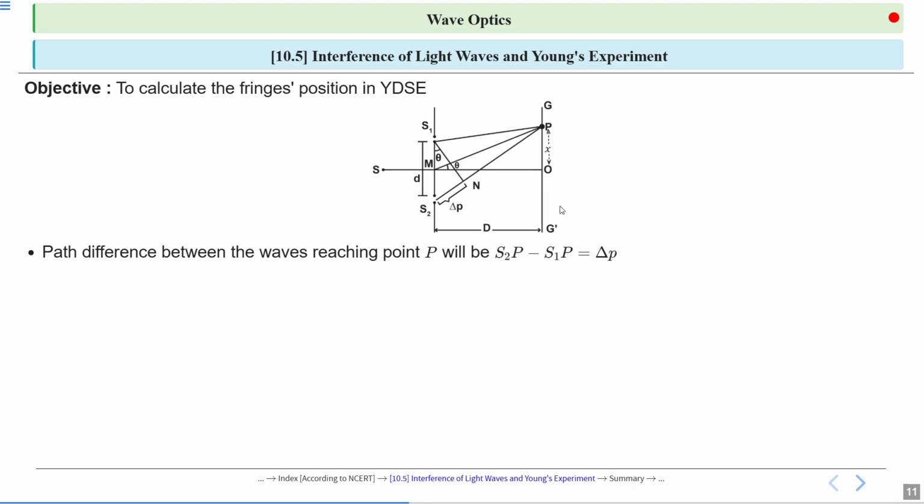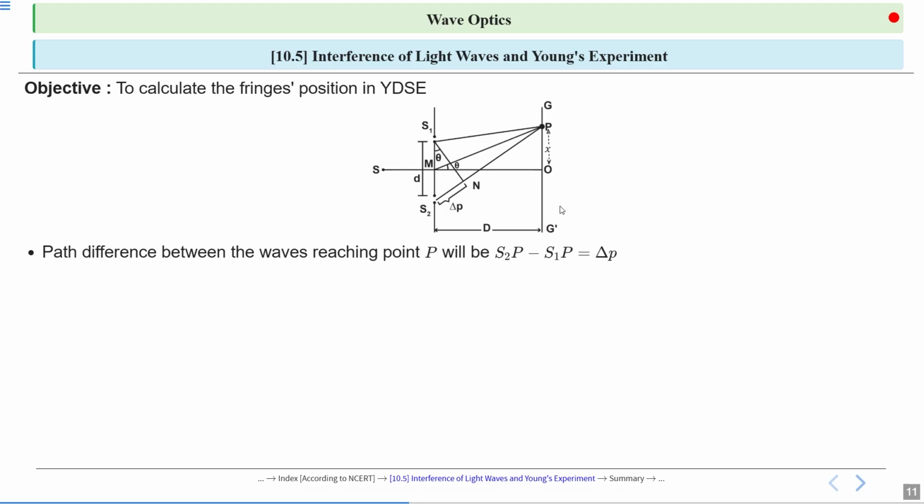We have drawn a normal from S1 on S2P. So angle theta, that is angle S2S1N, will be theta also. If there is an angle theta between two lines, that is between MP and MO, then the angle between the perpendiculars of these two lines will also be theta.